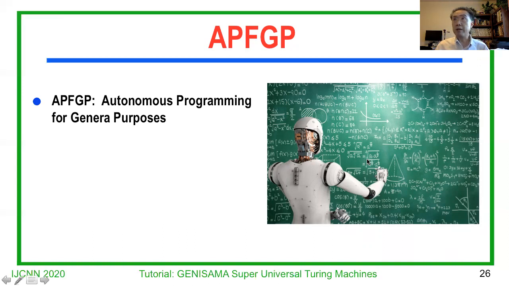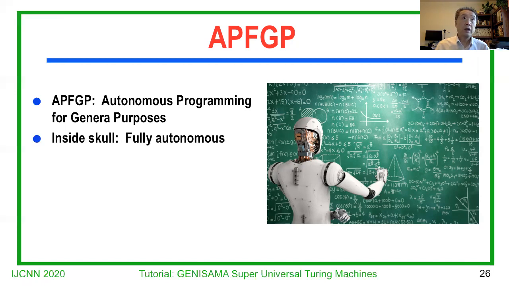Like you know math or computer science, and your parents never learned math or computer science. So a machine should be able to do autonomous programming, like design a mathematical procedure or write a C program. Inside the skull it is fully autonomous. I'll talk about that later. And the skull must be closed for the entire life.